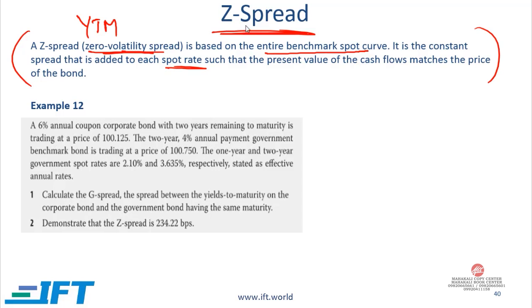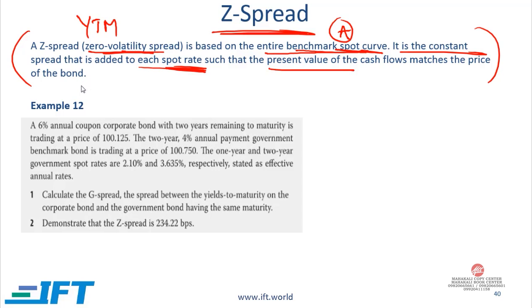With the Z spread, what you are doing is considering the spot curve. So with the Z spread, you are looking at spot rates. So that is one point to remember. The other point is that it is the constant spread that is added to each spot rate such that the present value of cash flows matches the price of the bond.